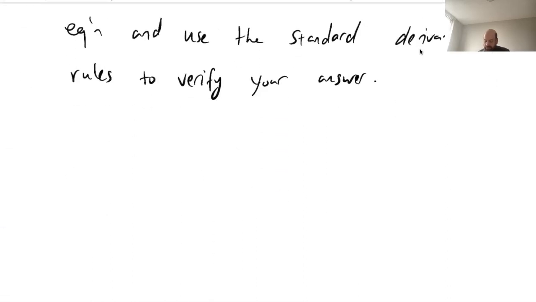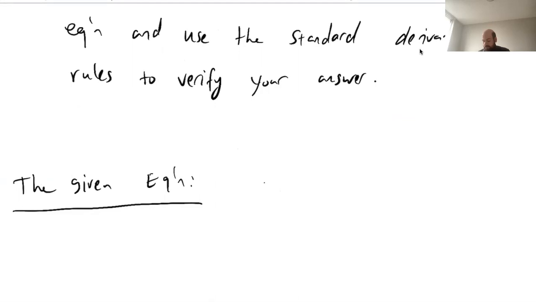Okay, so here, what is the equation that is given to us? Y squared equals x. Now we said we have to differentiate both sides.